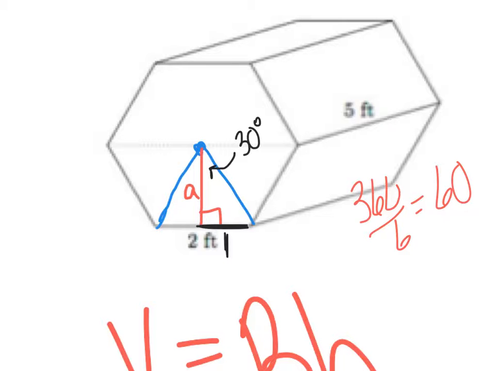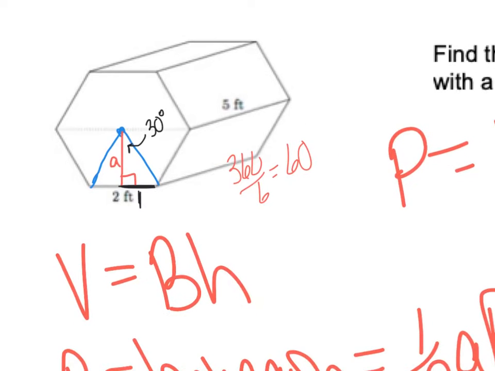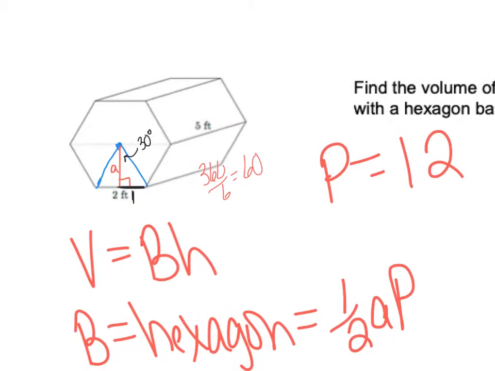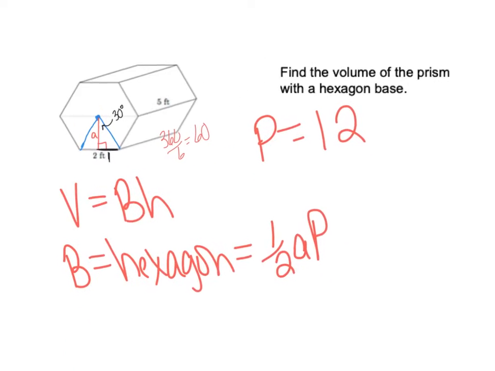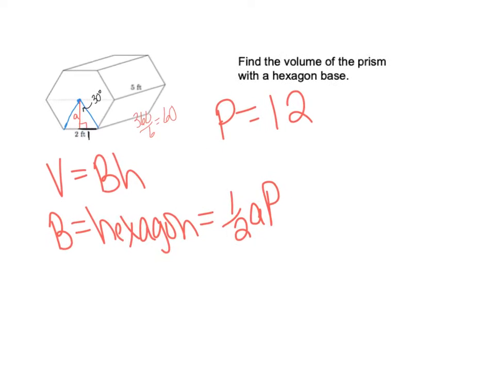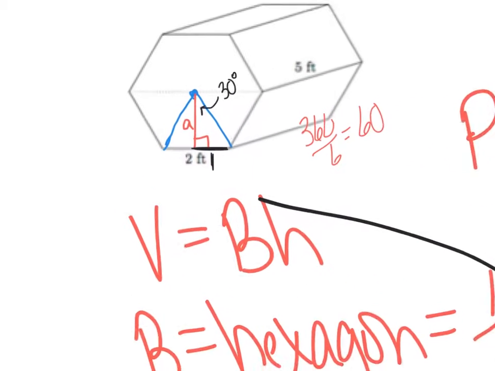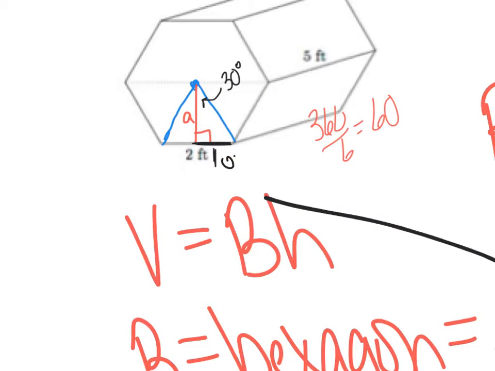Well, we're going to have to use a little bit of trig. So let's find a little spot over here. I would have 30 degrees, 1. 1 is opposite of the 30 degrees.